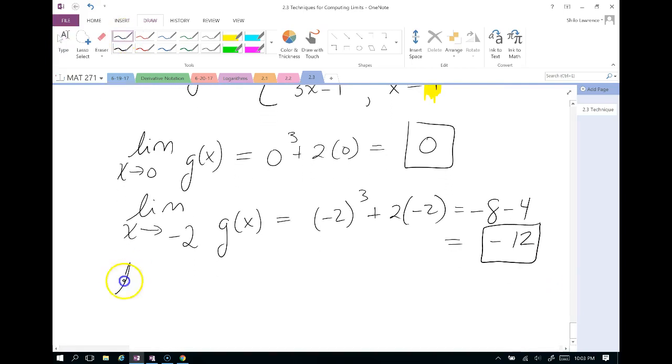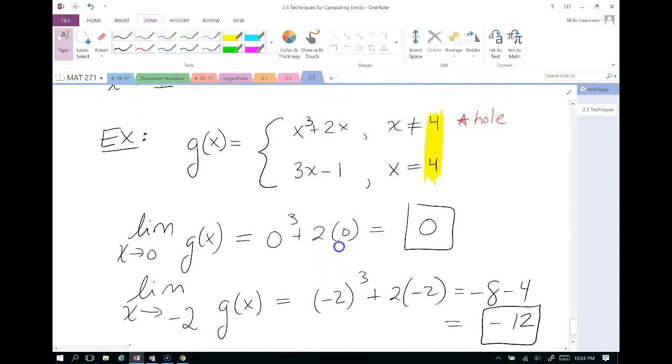So we're going to look at the left and the right and then our traditional limit. The limit as x approaches 4 from the left. So with limits, we're not actually asking for the function value. We're saying, what does it look like the function is getting close to as x gets close to 4?